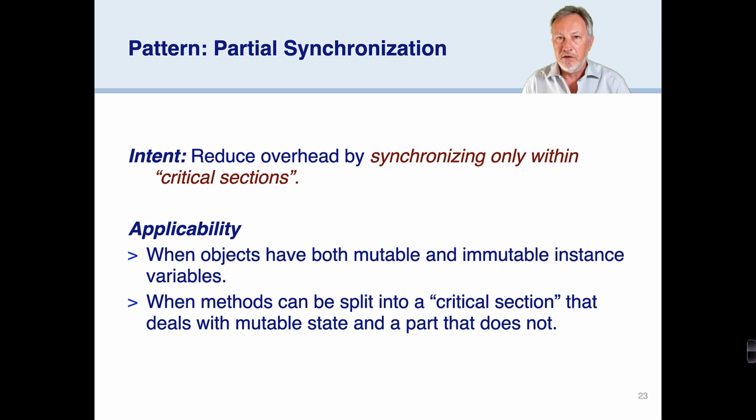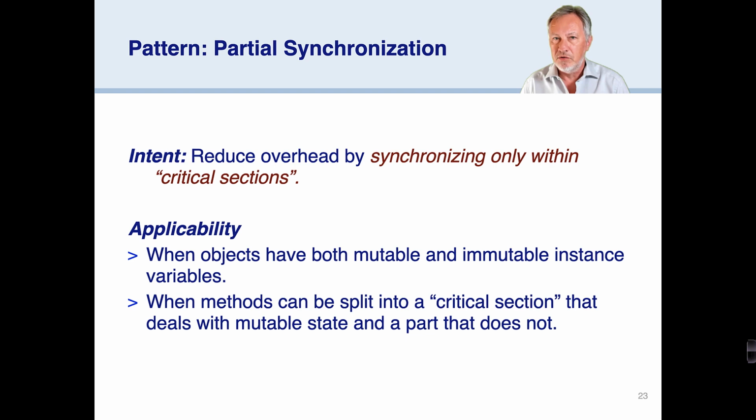So the intent here of partial synchronization is to reduce some of the overhead of synchronization by only synchronizing within certain critical sections. This is really an optimization. So lots of design patterns, as we know them, are very special cases.